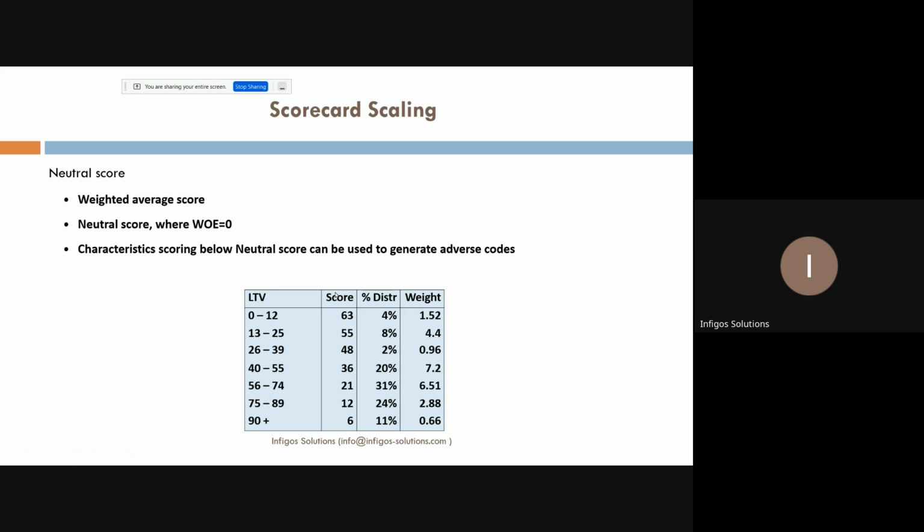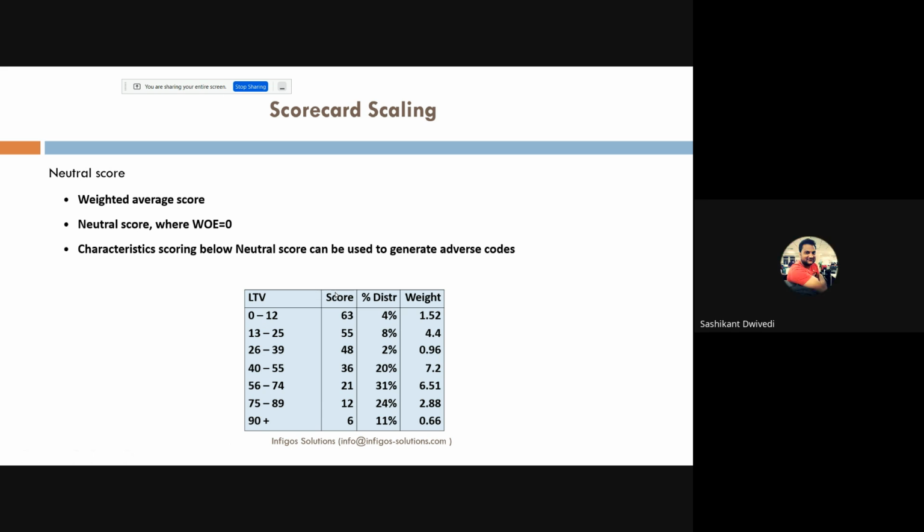You have 9 variables like LTV, age, or delinquency, or something else. Then you want to make sure that your score on each point is above the neutral score. If any variable has a score less than the neutral score, then that particular applicant will be rejected because of that reason. And that reason you will specify in the scorecard, that this is why I have rejected this particular customer.